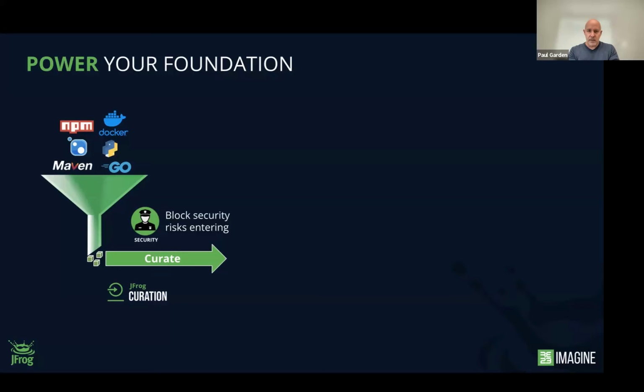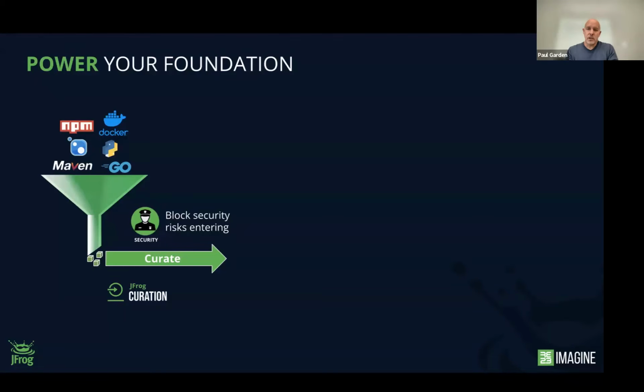You set up policies to block security risks from even getting into Artifactory. For those of you who understand how Artifactory works, if you don't have curation, you have Artifactory fetching and caching packages from open source repositories all the time for developers.